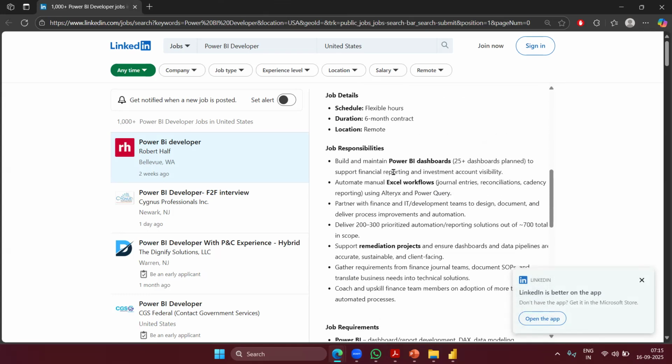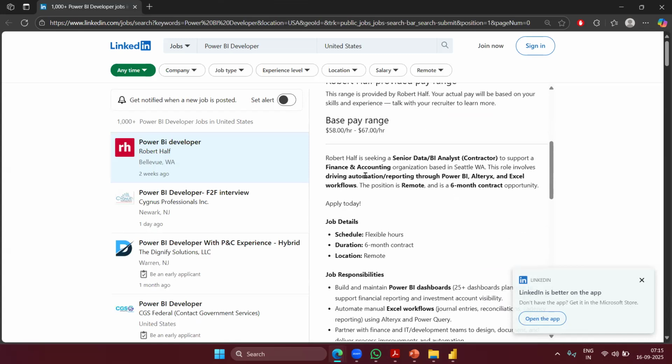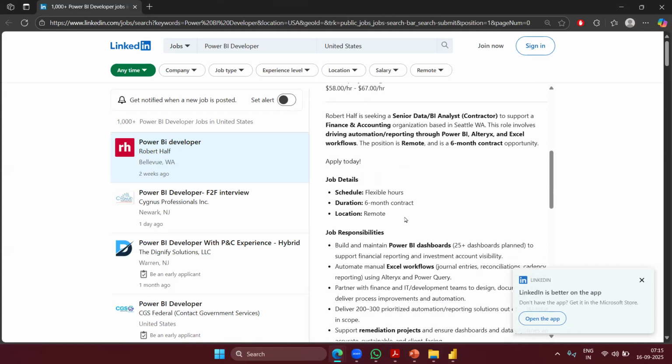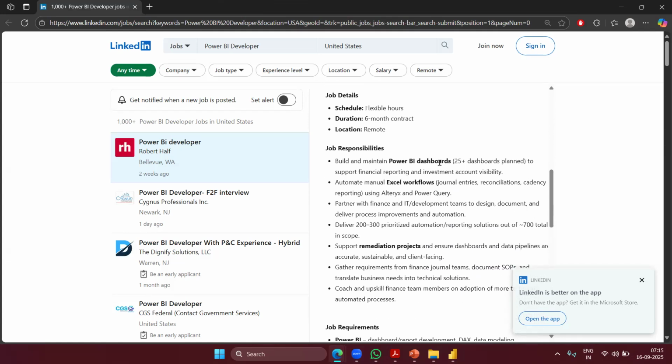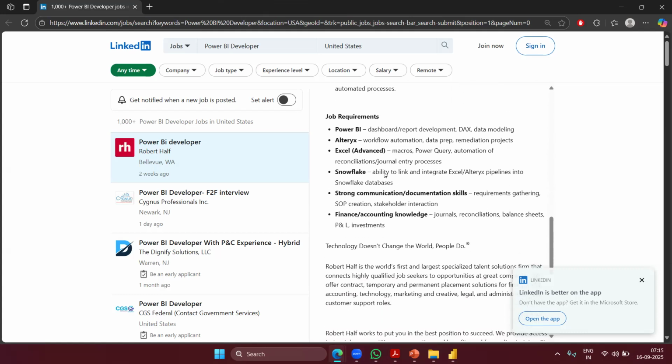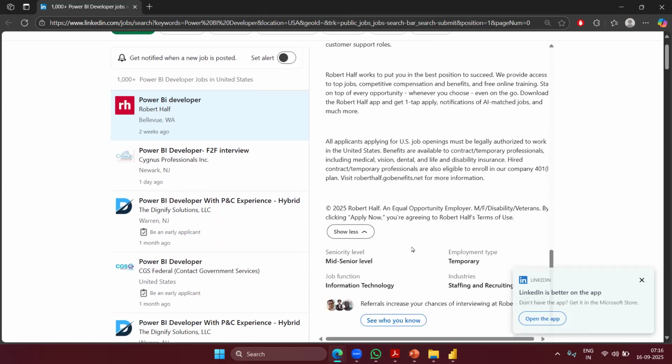See, Power BI developer, and the pay range is $58 to $67 per hour. A flexible 6 months contract: build and maintain Power BI dashboards, 25 plus dashboards planned to support financial, automated Excel flows, delivering 200 to 300 automated reports. What is the job requirement? Power BI dashboards, reports development, Alteryx, possibly additional, Excel, macros, Power Query, Snowflake, strong financial, see, all these things.